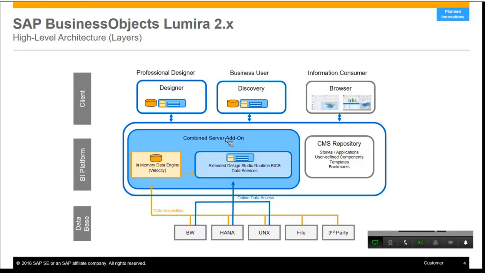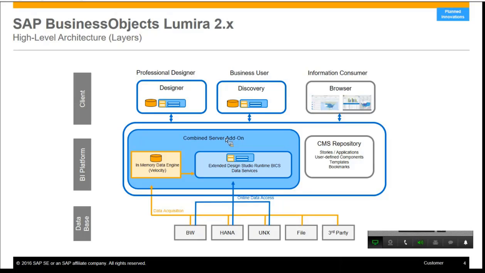With this, we plan to deliver BW online analysis in Discovery, utilizing the strength of BIX connectivity, which is available in Design Studio today, and a capability to build offline applications from the acquired data in Designer, utilizing the strength of the velocity engine packaged and delivered with Lumira today.